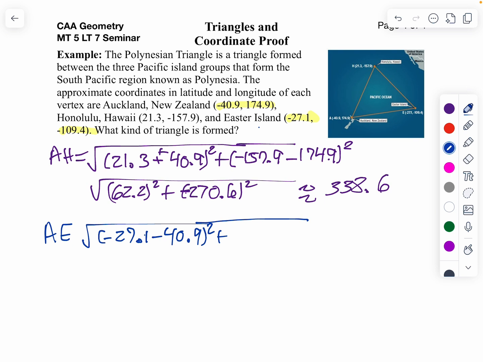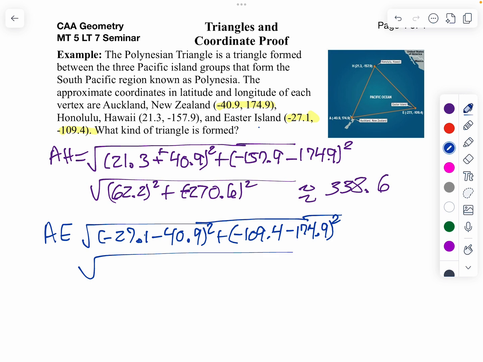Plus, let's do the y's, negative 109.4 minus 174.9, and I'll square that.